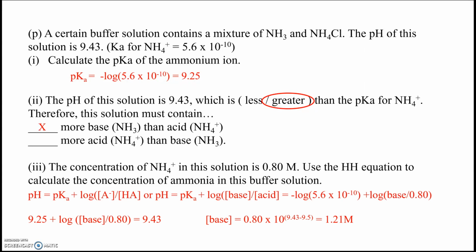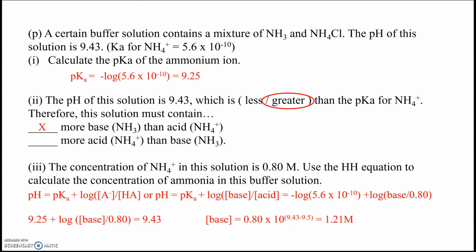Now, this may look a little convoluted, but it's not really. We write our Henderson-Hasselbalch, and instead of writing A minus over HA, I could really just write it as base over acid. And I'm trying to solve for the concentration of the base.